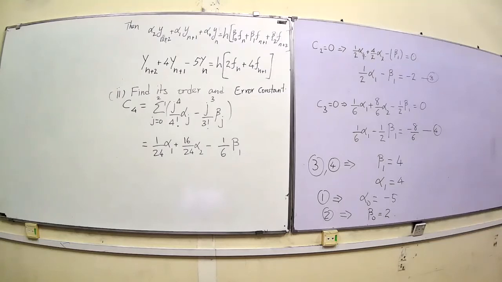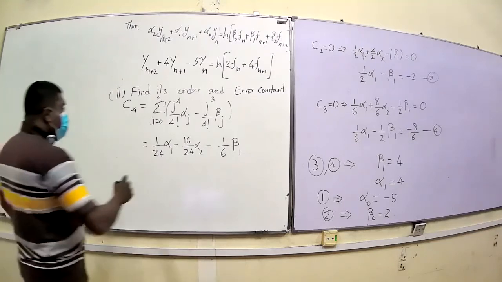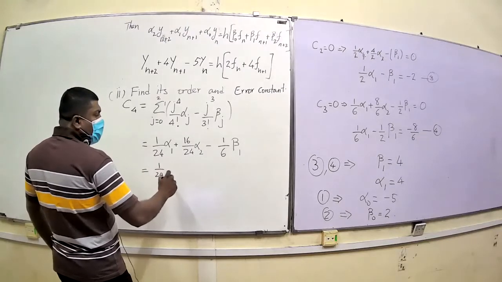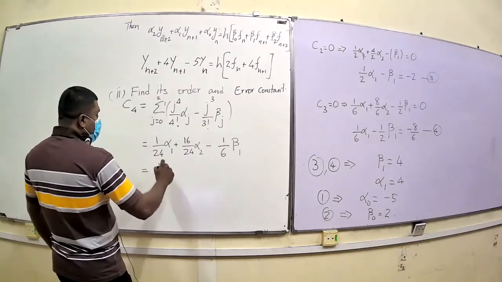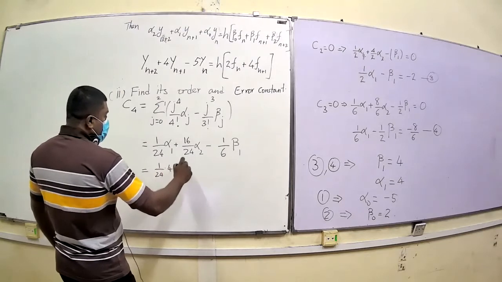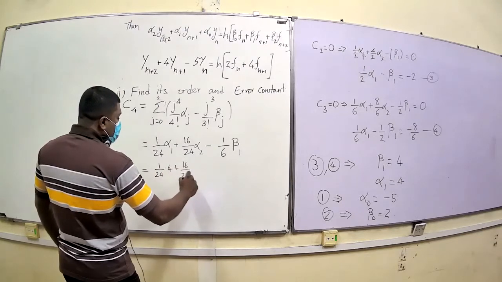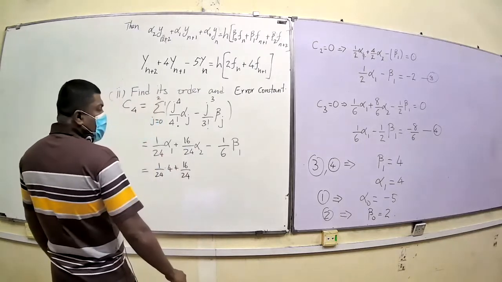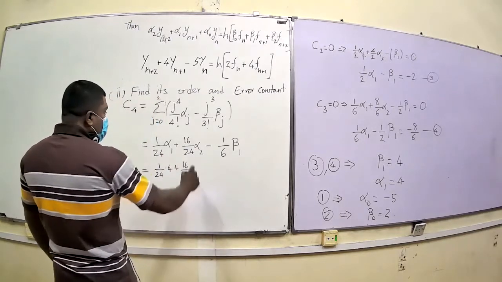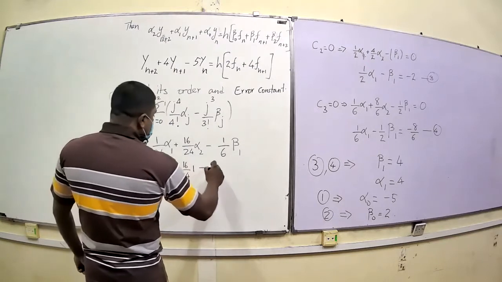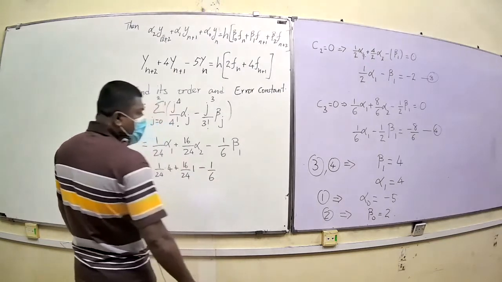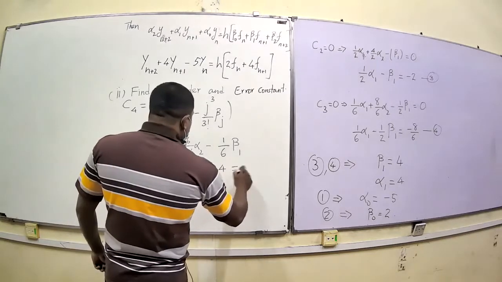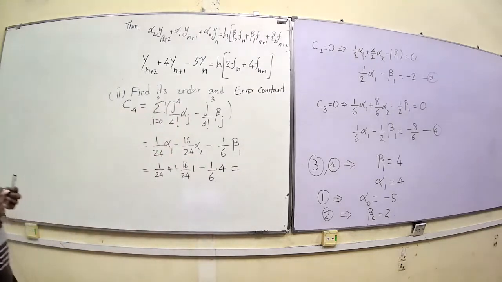And you already know alpha 1, alpha 2 and beta 1. So you can substitute. 1 over 24 times alpha 1 is 4, plus 16 over 24 times alpha 2 is 1, minus 1 over 6 times beta 1 is 4. You can simplify this.